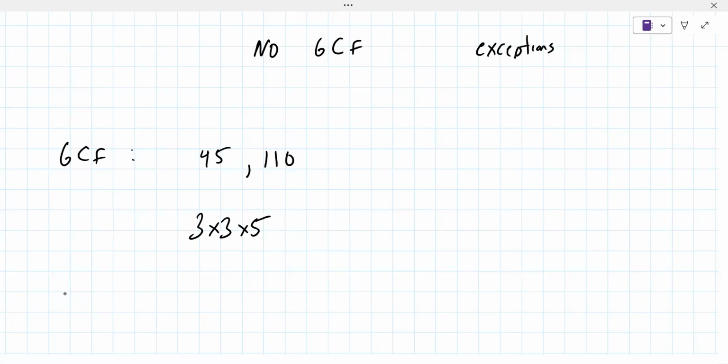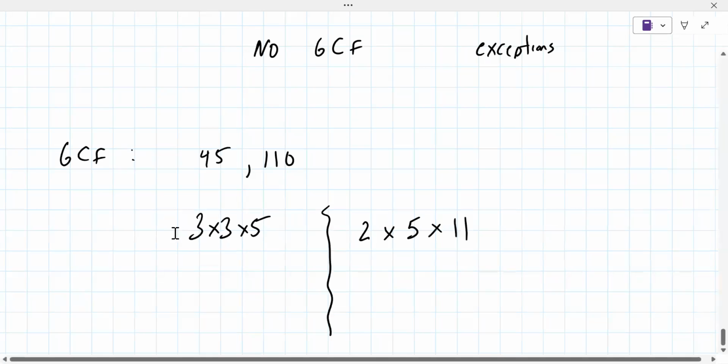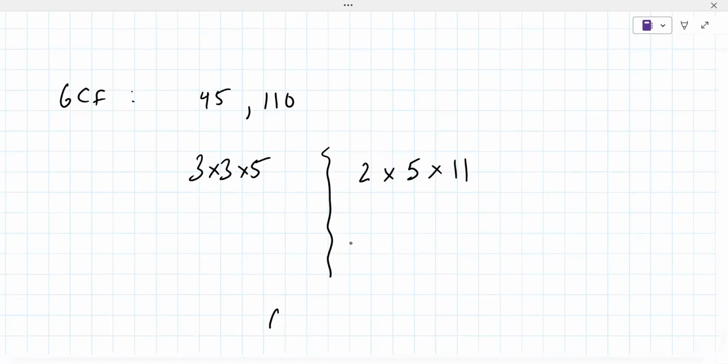And for 110, I got 2 times 5 times 11. Is there any overlap? Any numbers that are the same in both? 5. Okay, so what is your GCF? 5. Very good.